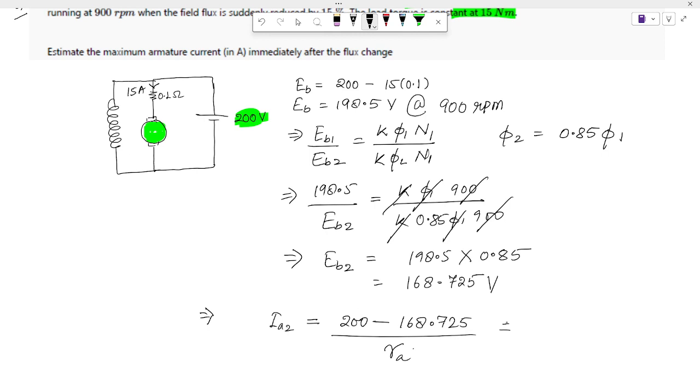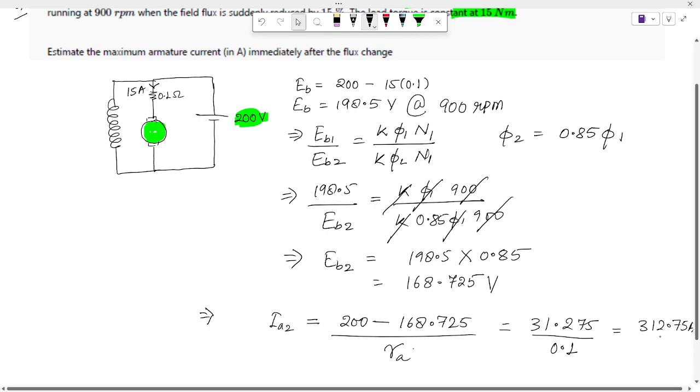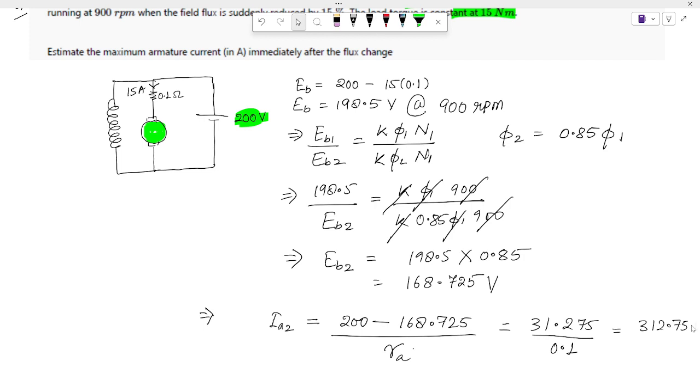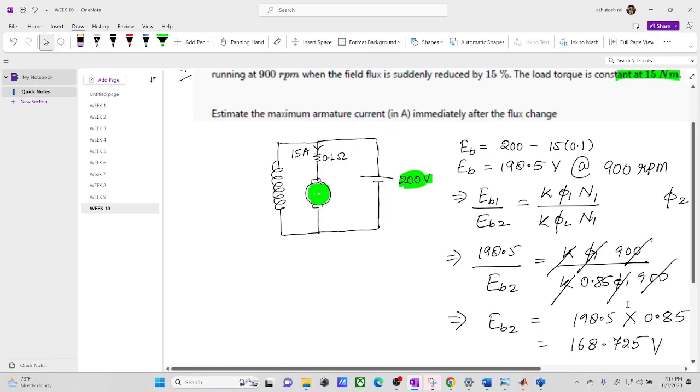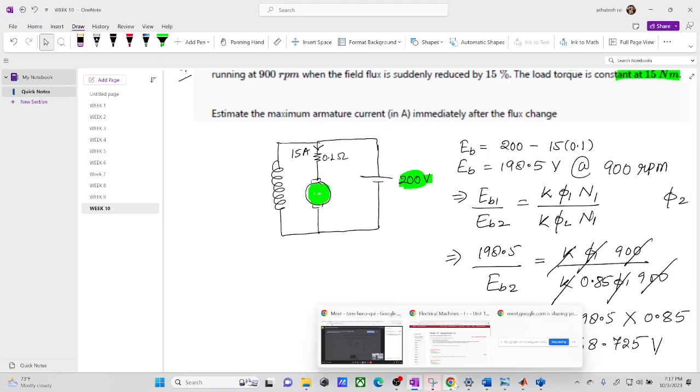Please calculate and tell me. Getting or not? Yes, sir.